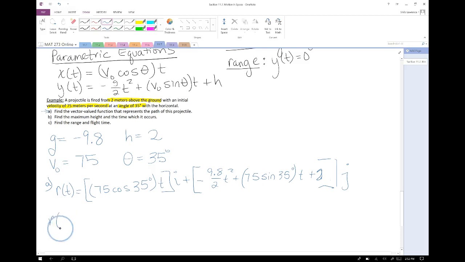And we'll just clean this up a little bit. I am going to go ahead and change these to decimals because 35 is not one of those nice values on our unit circle. When you do this, just make sure your calculator's in degree mode.